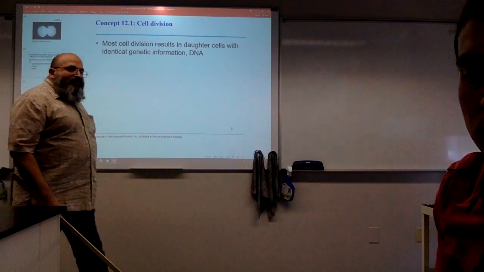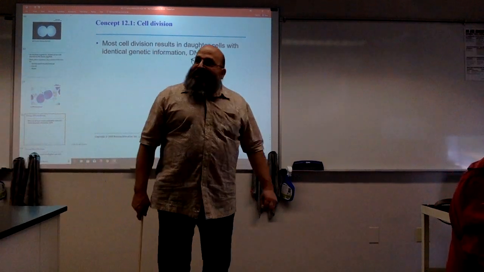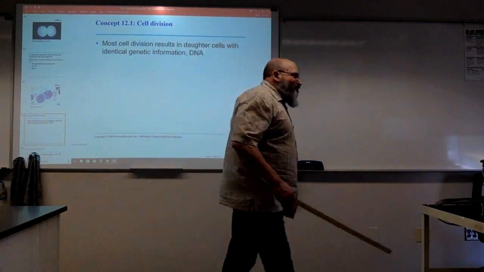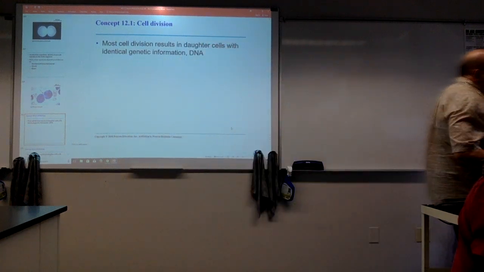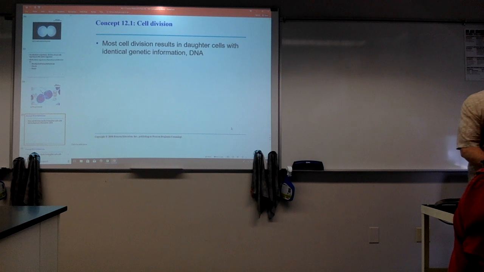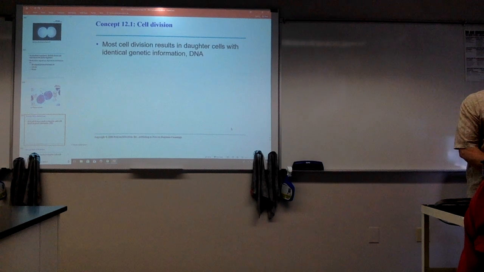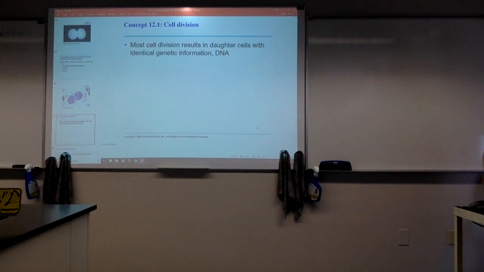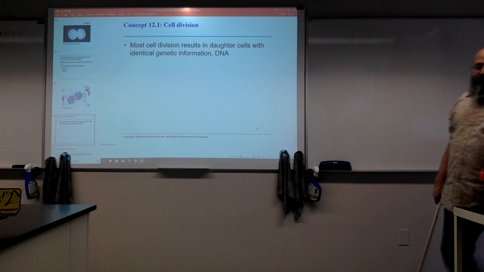Actually, every cell in your body is a clone, except for sperm or egg. Okay? We'll get to that a little bit. So every cell in your body has the exact same complement of DNA, except for sperm or egg. Every cell has the same set of instructions. So we'll just contemplate that a little bit because it's not readily obvious.